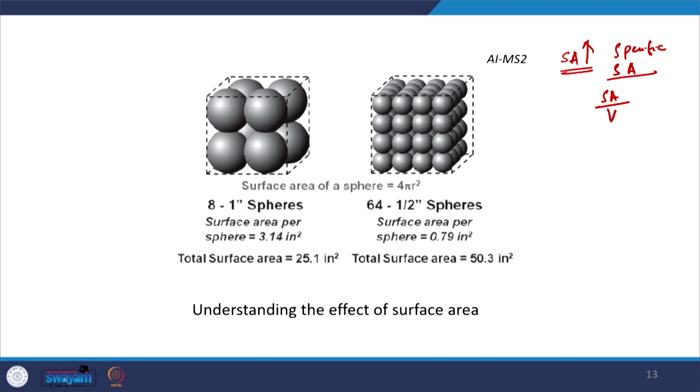So, if the size of the aggregate is small, the surface area will increase. If the surface area increases, which means more binder is required to coat the surface, all right.